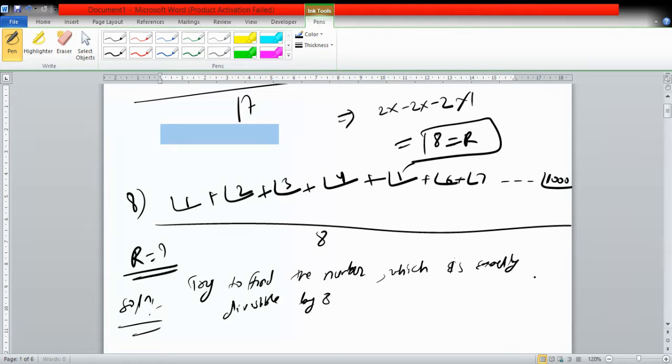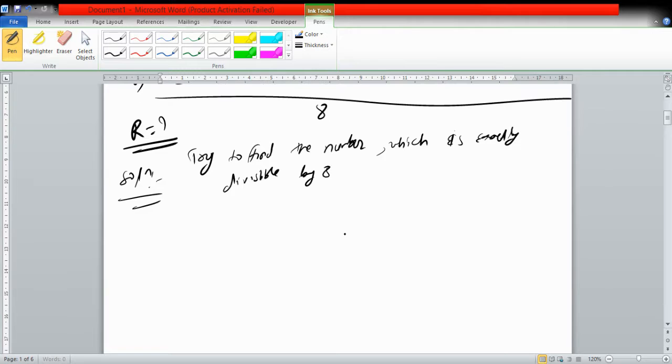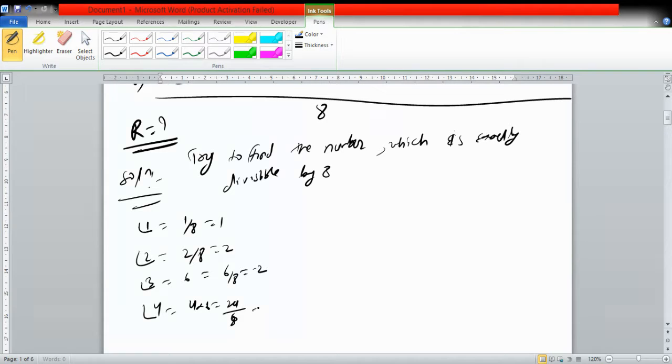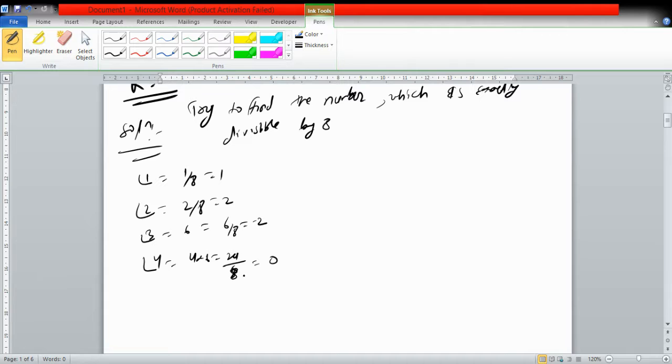Factorial 1 divided by 8 is 1 itself. Factorial 2 by 8 is 2 itself. Factorial 3 is 6, and 6 by 8 is minus 2. Factorial 4 is 4 into 6, 24, divided by 8 is 0, because 24 is exactly divisible by 8.